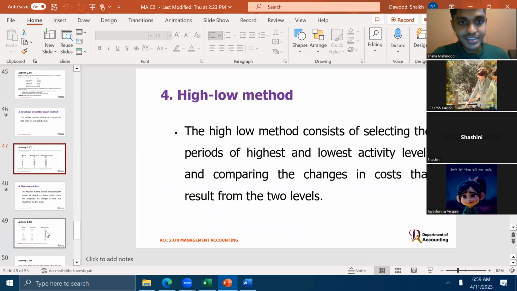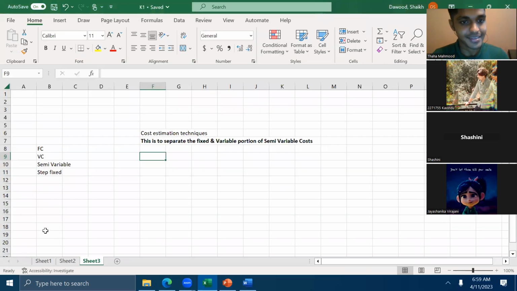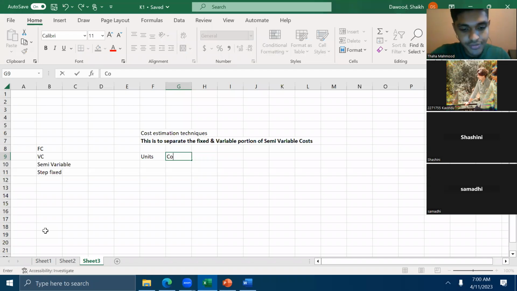Let's now go into the next method, the graphical or scatter graph method. In the graphical or scatter graph method, they will plot the cost in a scatter graph. They have units and you have costs.